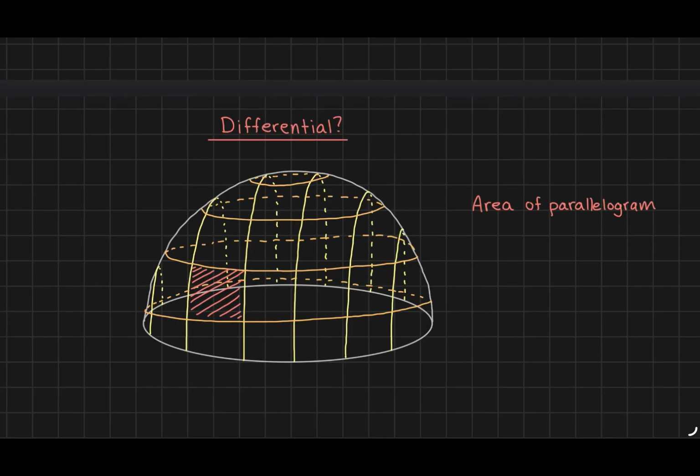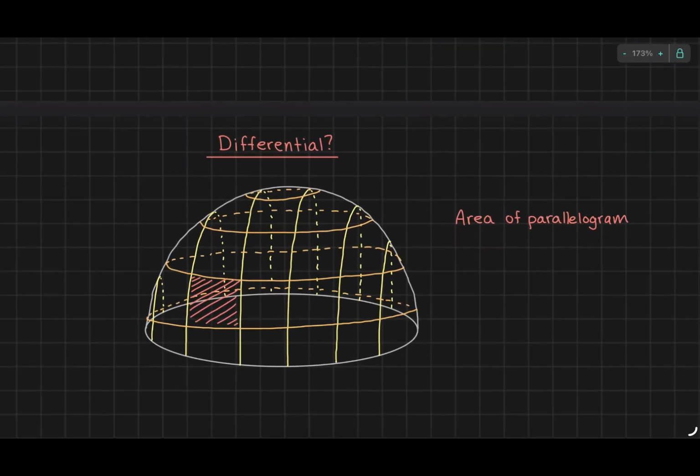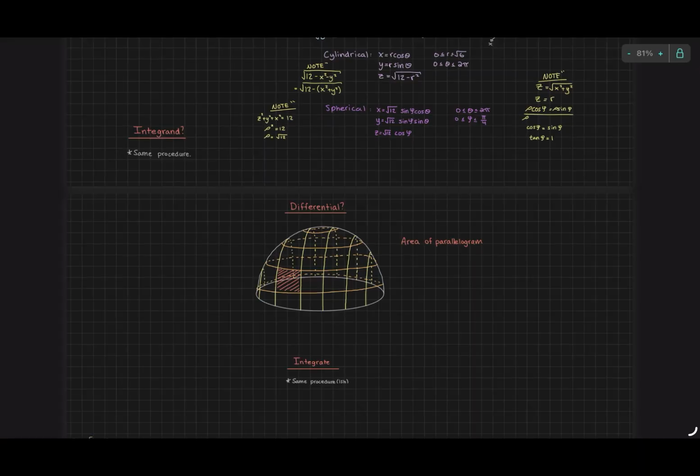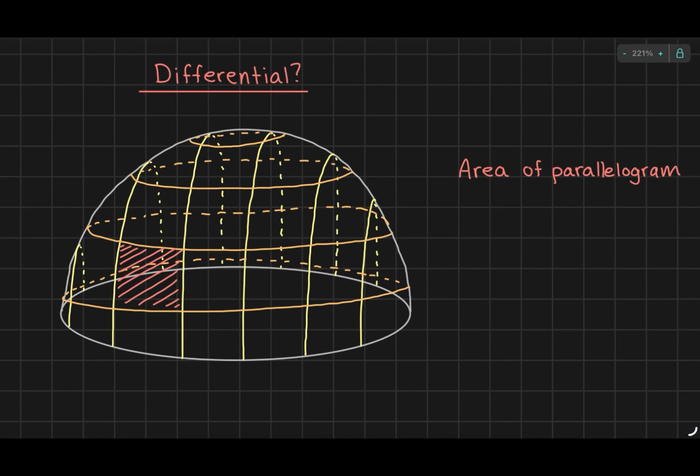As for our differential, I went ahead and drew a little picture here of some kind of generalized surface, and there's a couple of components I want to mention. We already have our parameterized surface, so we already did our u and v, and we have our vector valued function r of uv equal to some vector x of uv, y of uv, and z of uv.